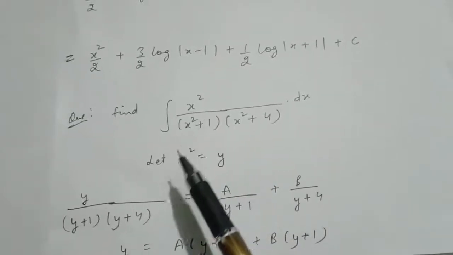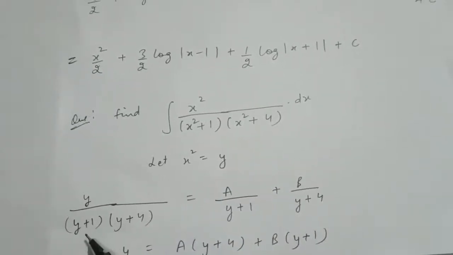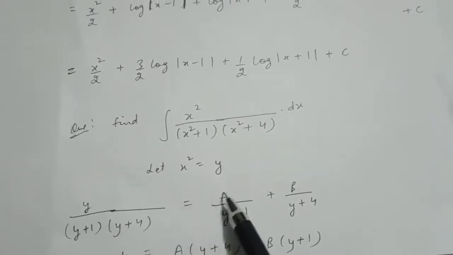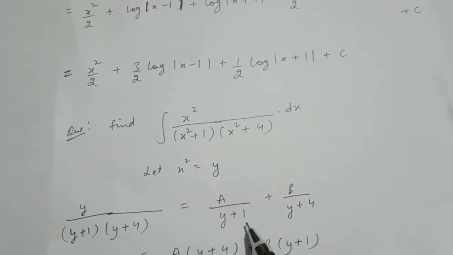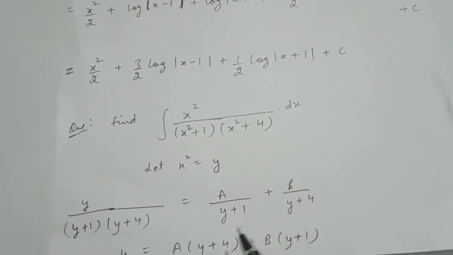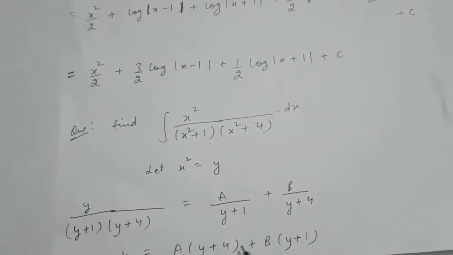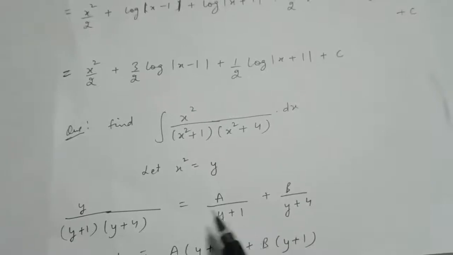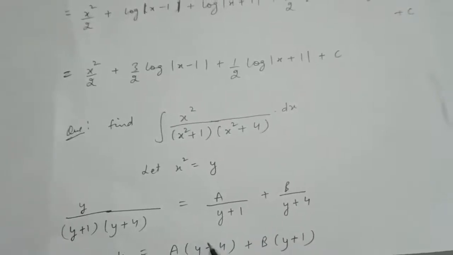Now this function will become y upon y plus 1 into y plus 4, which can be written as a upon y plus 1 plus b upon y plus 4. Now take the LCM, you will get y equal to a into y plus 4 plus b into y plus 1, right? LCM of both the sides will get cancelled.